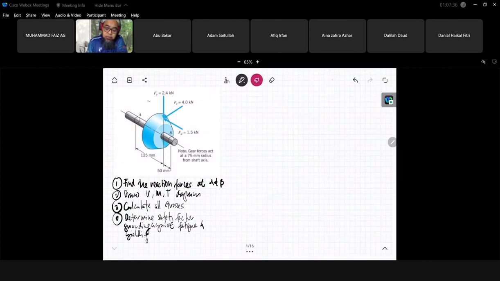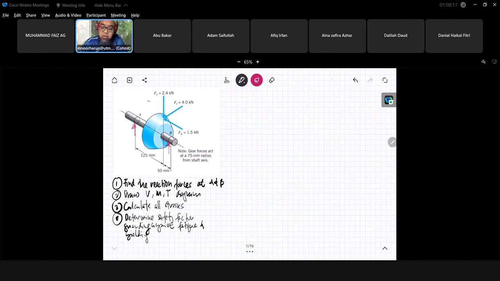Okay, so first kali kita kena get the reaction force. Macam mana? So by looking at the figures, we could plan how to calculate the reaction force by having two planes.